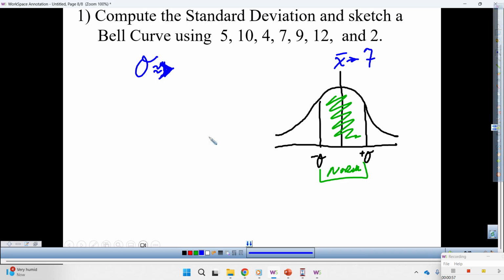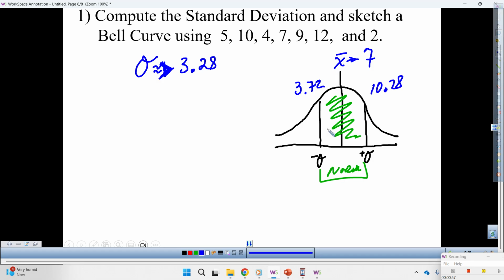Pass them on, Jake. 3 point what? 3.28. Hans, have you got that? Looks about right. So if we go one standard deviation up, that's 10.28. One standard deviation down, that's 3.72.